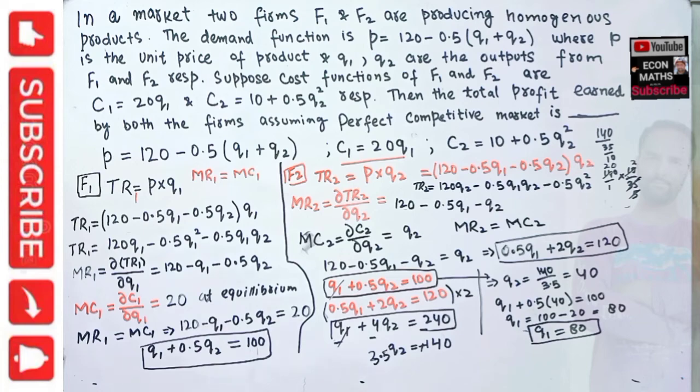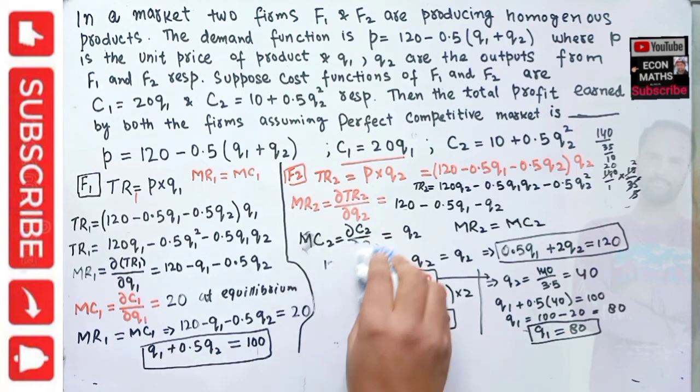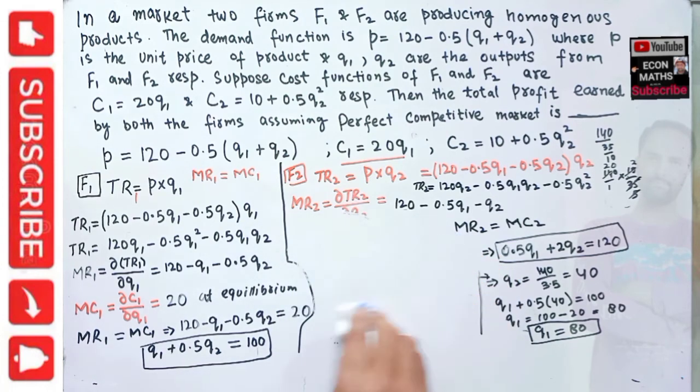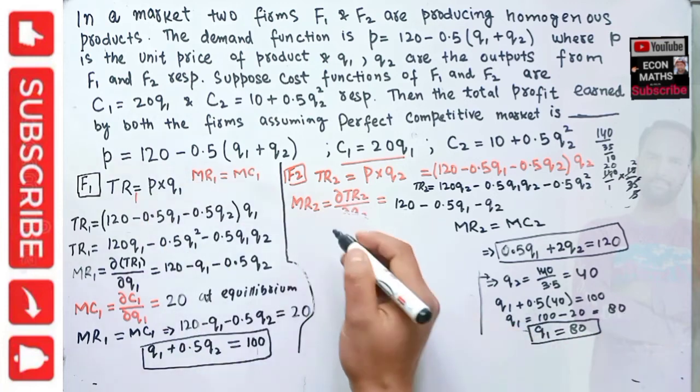Now just plug these values into the market demand function. I have no option but to rub this out here. So just plug the values of Q1 and Q2 into the market demand function.